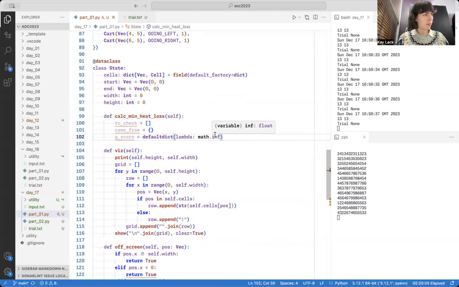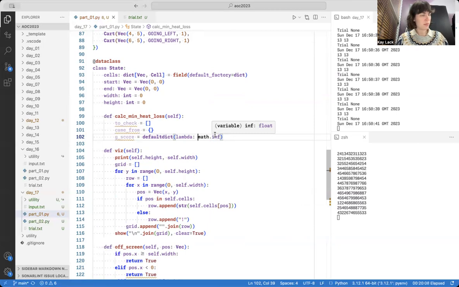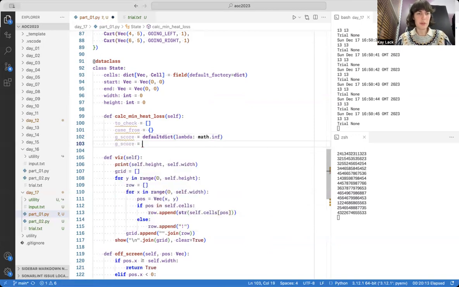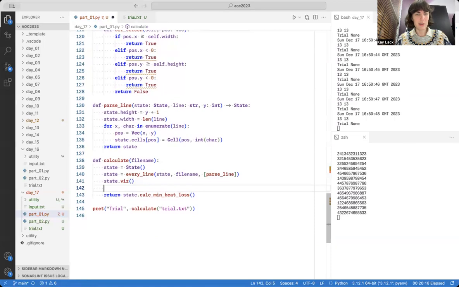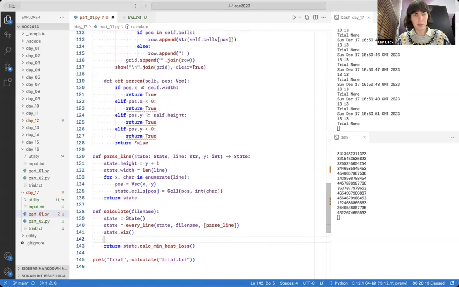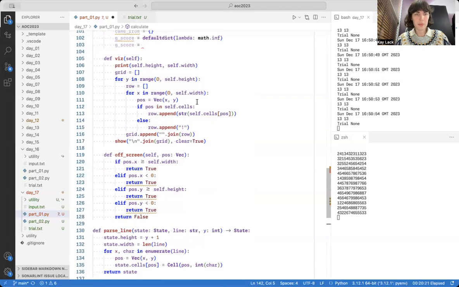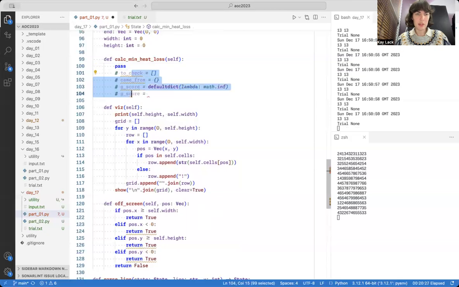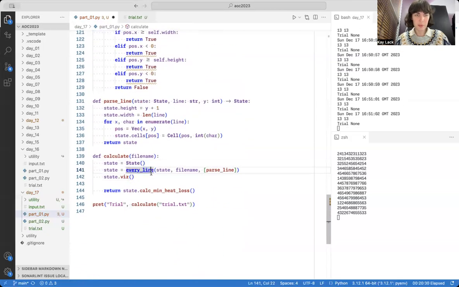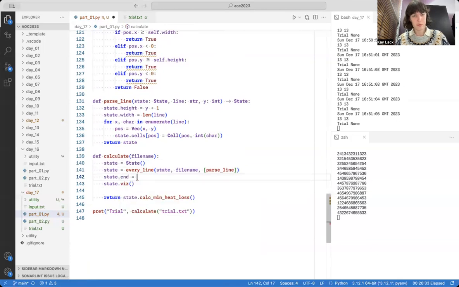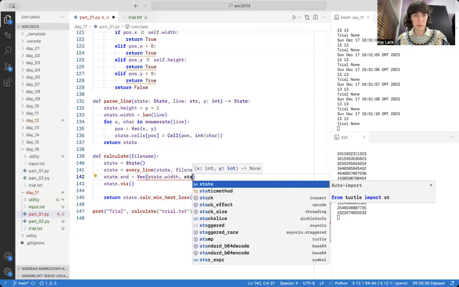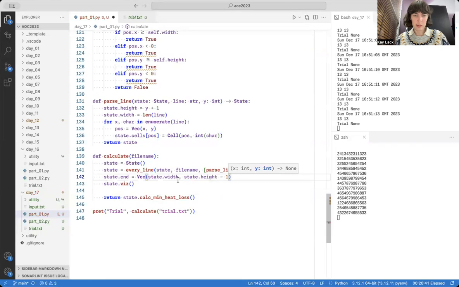That's the G-score. G-score for the end, actually we need to say what the end is. Let me actually triple check this. It's going to be -1, I think.